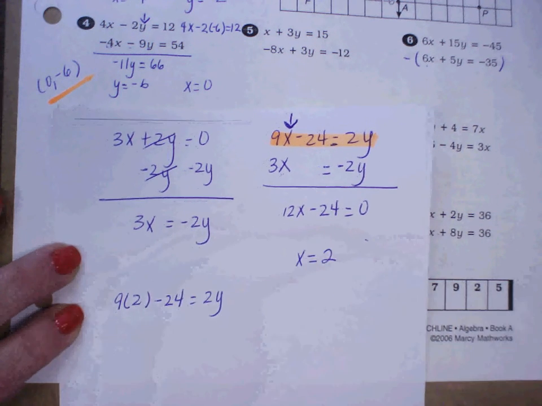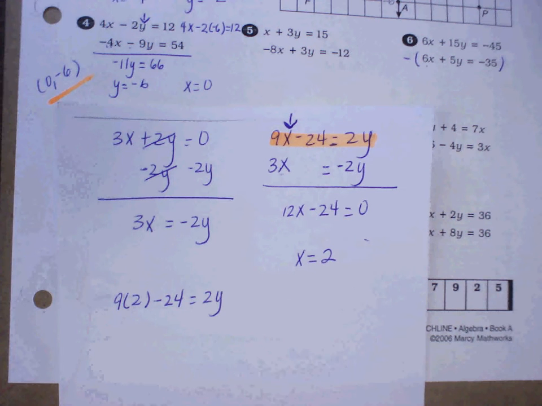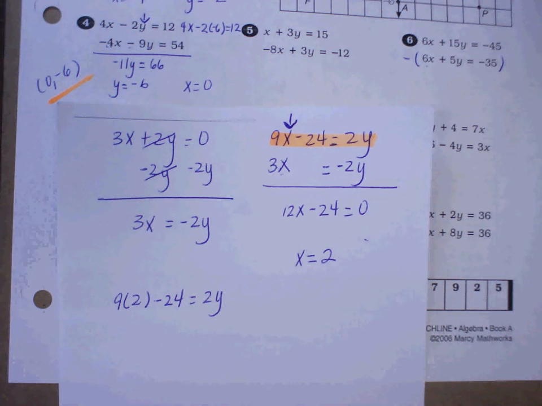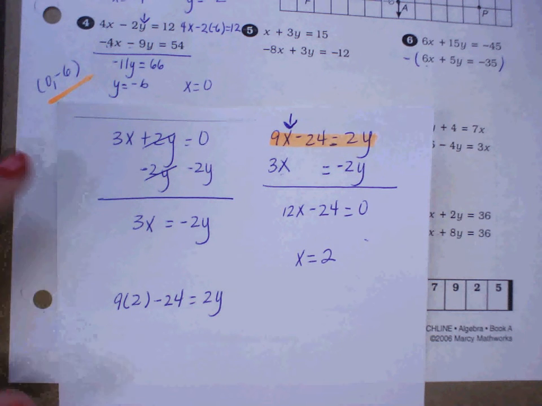And there are times that substituting, that's my least favorite one, is easier to do. So I teach you all three. On the test, you decide the one that you want to use. I don't care which one you use, just get it right. So what does y equal? All right, so my point would be 2, negative 3.